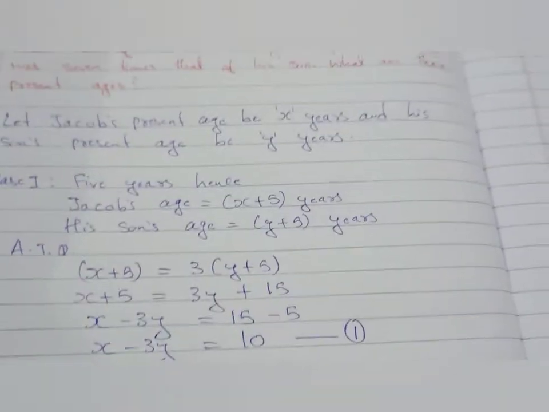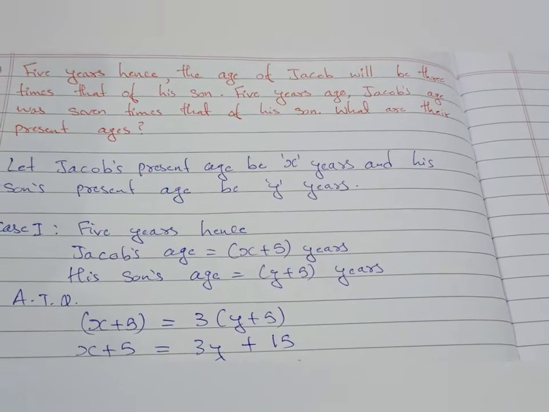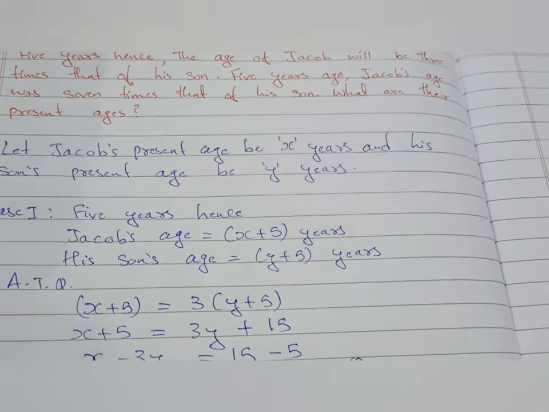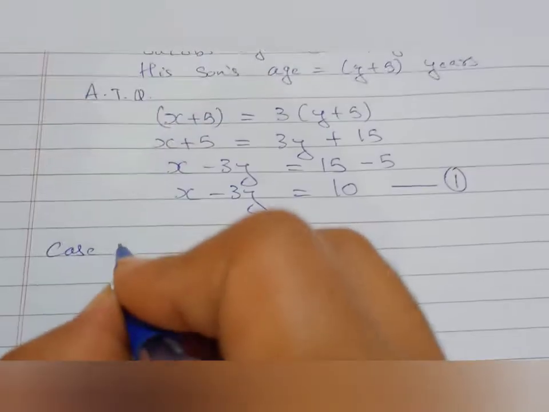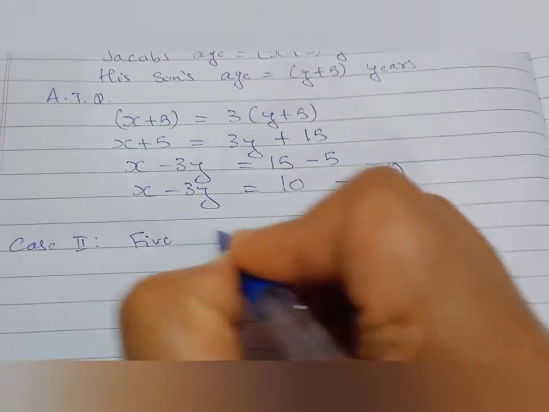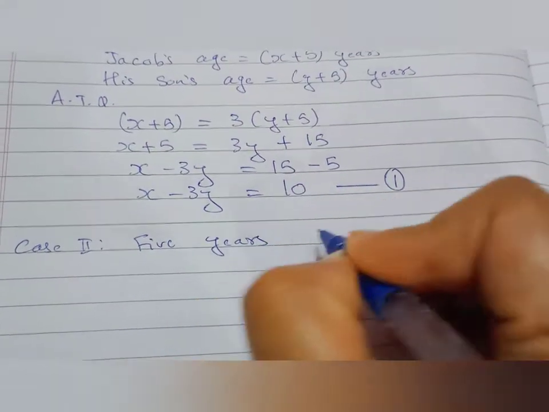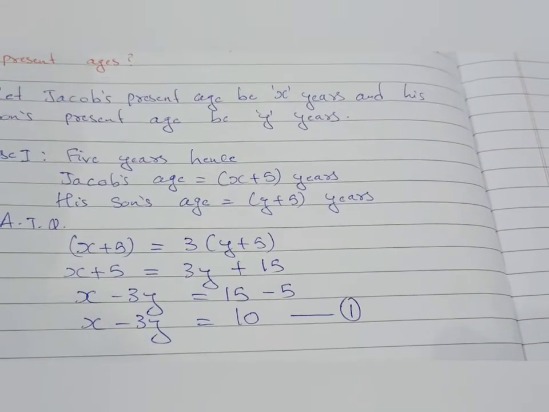Now in the second case, it has been given to us that 5 years ago, Jacob's age was 7 times that of his son. Now case number 2, which is 5 years ago. Presently, Jacob is x and his son is y.